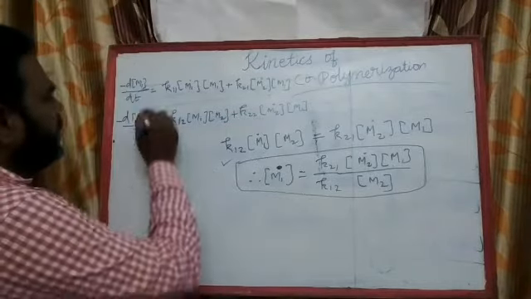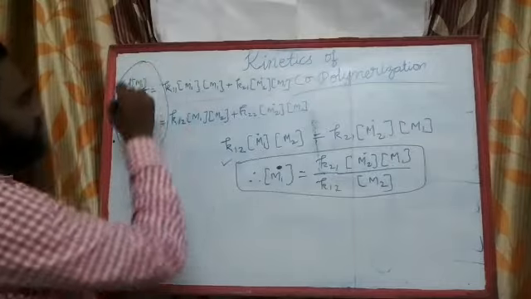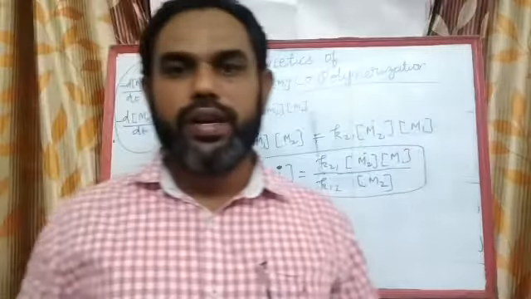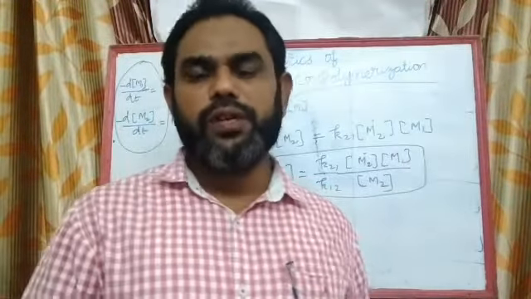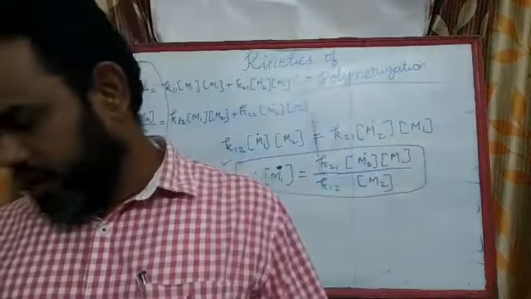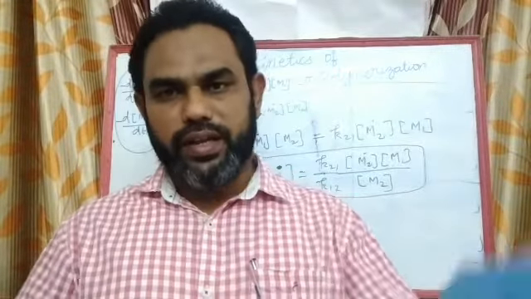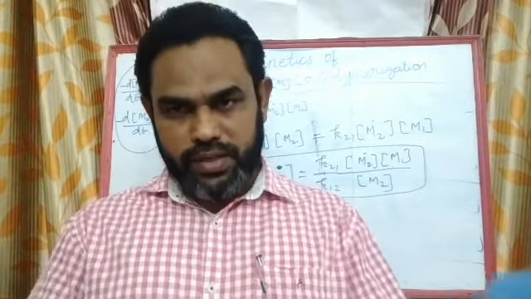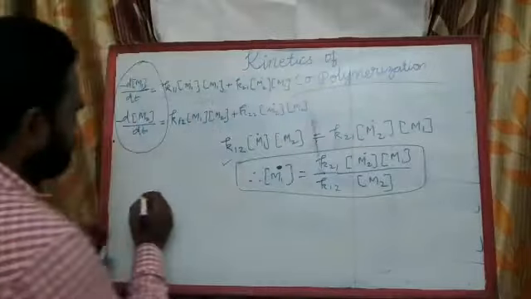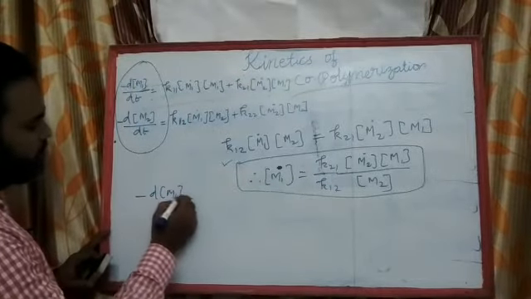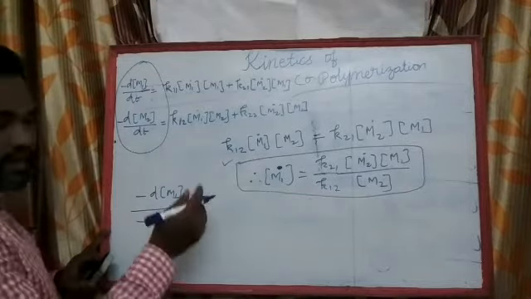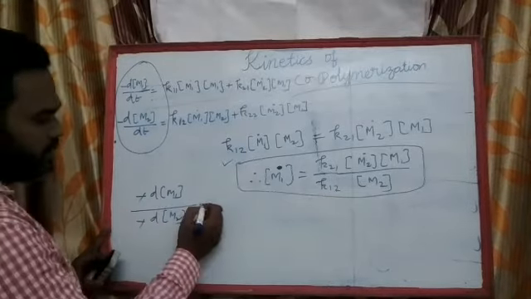Now let me take this at equilibrium. The rate of conversion of M1 into M2 is the same. So minus dM1 by dt and minus dM2 by dt, that is, the rate of disappearance of M1 and the rate of disappearance of M2, I am going to find the ratio between these two. dt and dt get cancelled off, minus and minus becomes a positive sign.